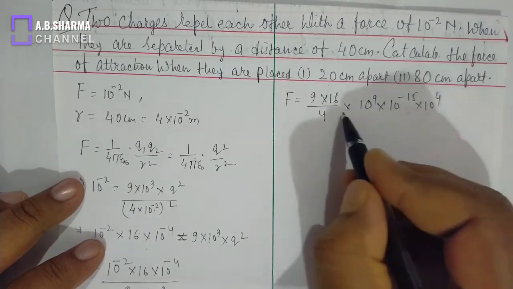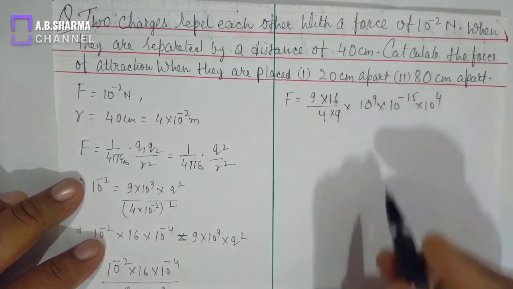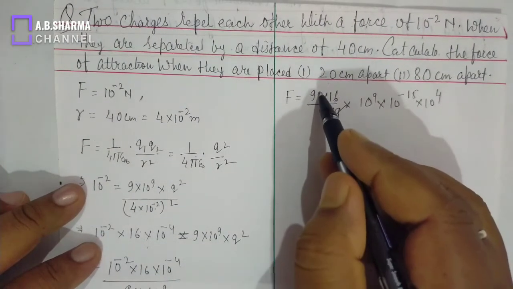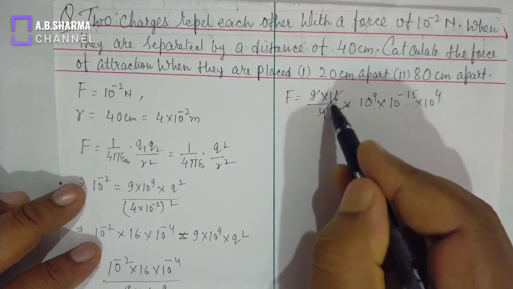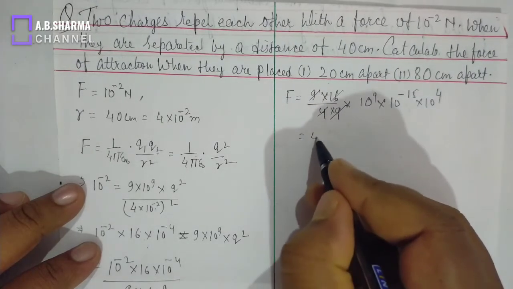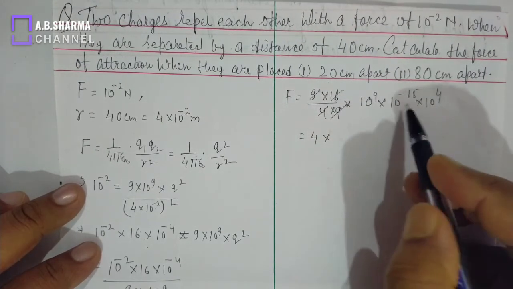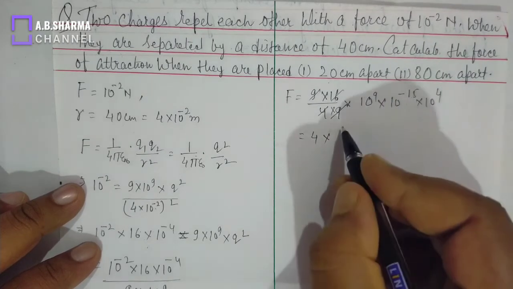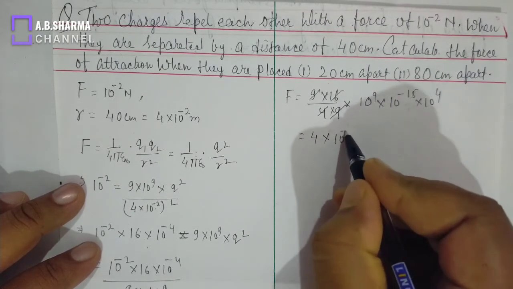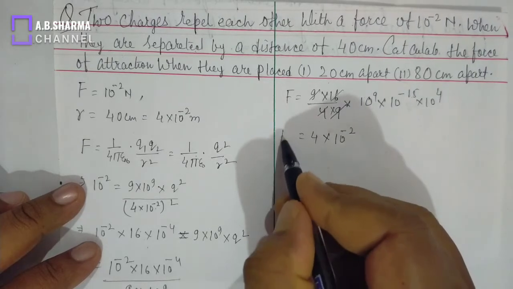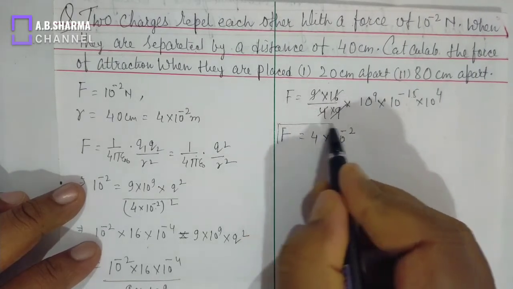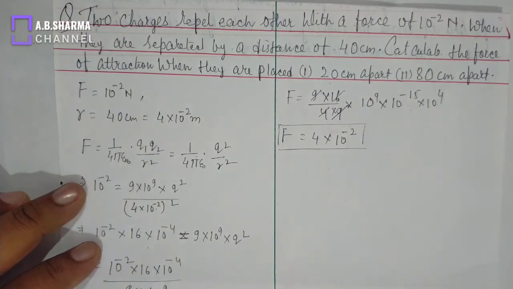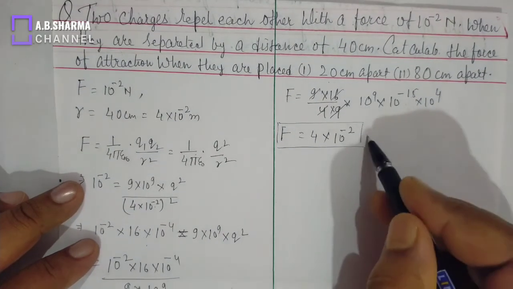This is 16 over 9, so there will be 9 here. 9 9 cancel and 4 4 cancel. So this is 4, and the power will be minus 13 minus 15, 10 to the power minus 2. So this is the electrostatic force when the charges are separated by a distance 20 centimeter apart. This is the first answer.